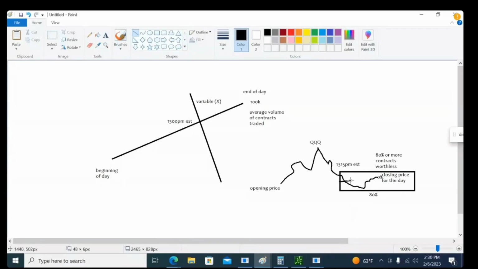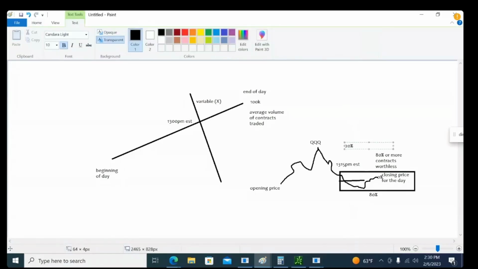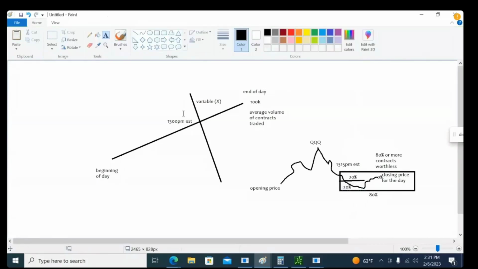If right here is the center of that area, that means we've got our 20 above and 80 below. Statistically speaking, the CBOE did their study and found 80% of the contracts expire worthless.